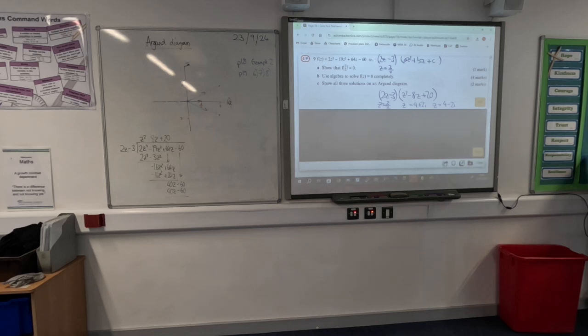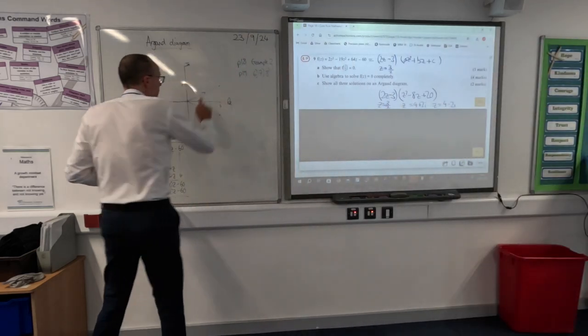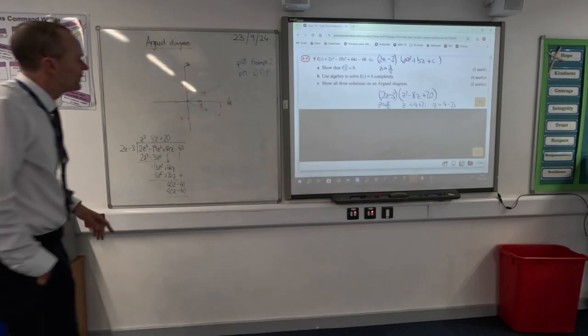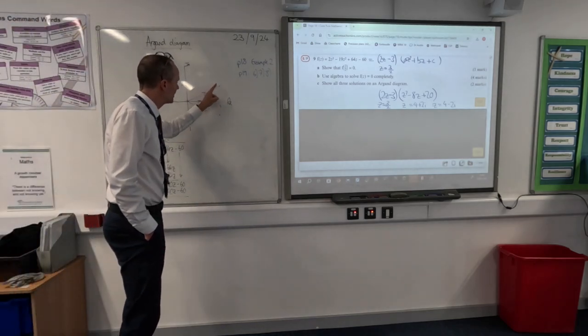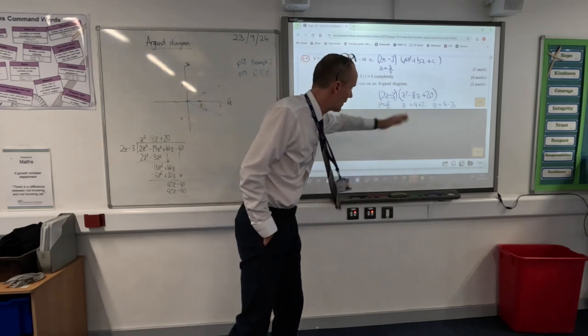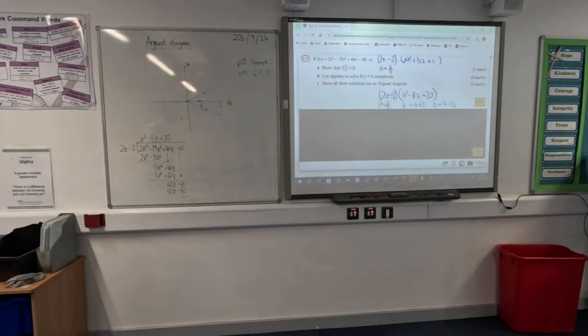Okay, so let's focus on this one here, because it's quite a nice round number, as complex numbers go. This complex number, which we're representing on an Argand diagram, is 4 plus 2i. We have an alternative way of describing it, much in the same way as we can with vectors.